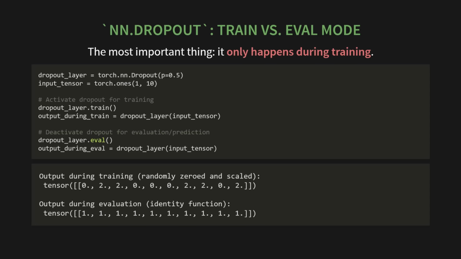It's randomly zeroed and scaled. Some values are 0, others are 2. Now, we deactivate dropout for evaluation by calling dropout_layer.eval. And the output? It's the identity function. It just passes the original tensor of all ones straight through. This simple on-off switch is a cornerstone of modern deep learning.